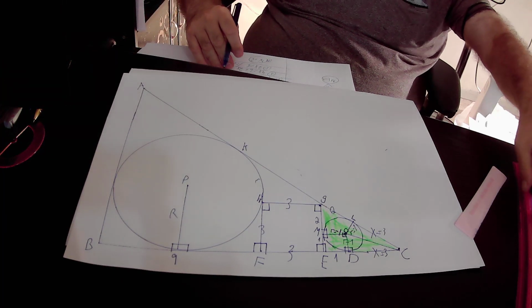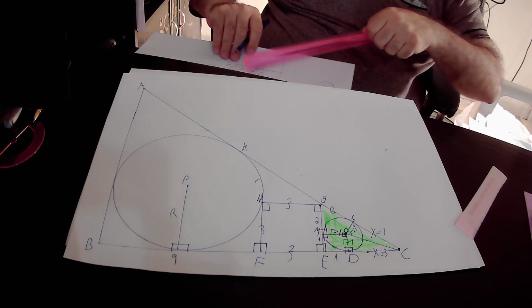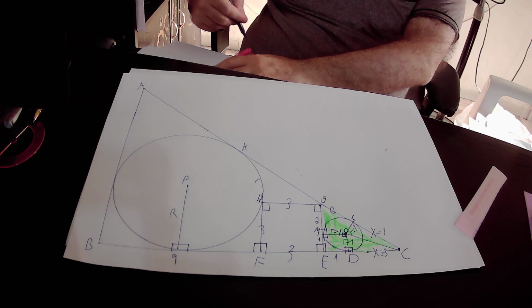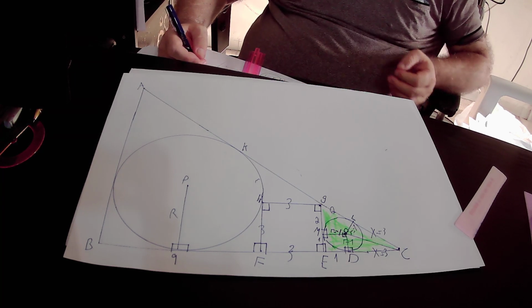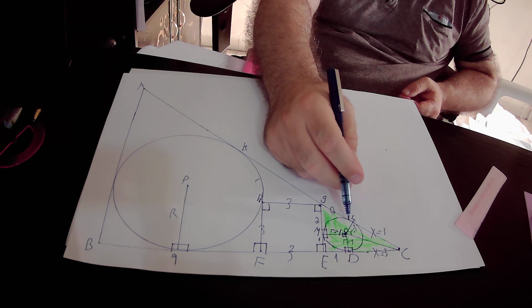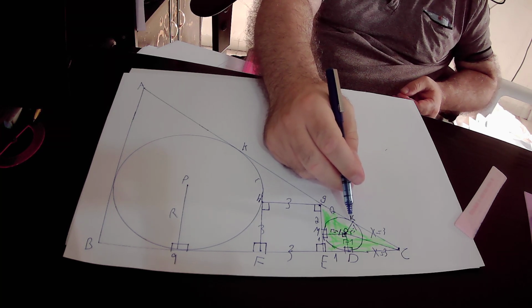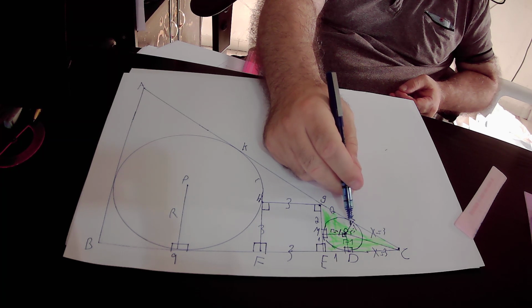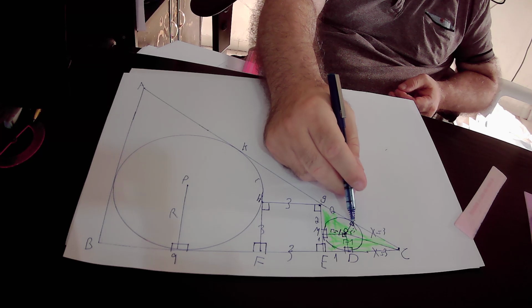In the next step, we'll prove that the 2 right triangles that we created are congruent to each other. Here we have the radius, which is 1, drawn to the point of tangency. Therefore this angle will be equal to 90 degrees and this angle equals 90 degrees.